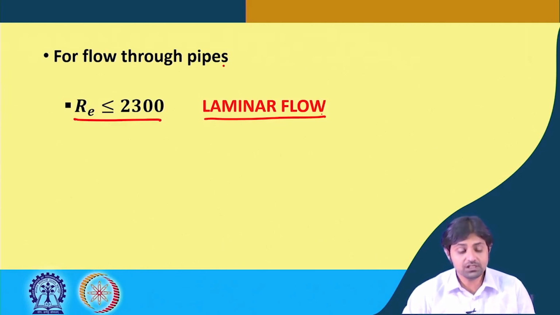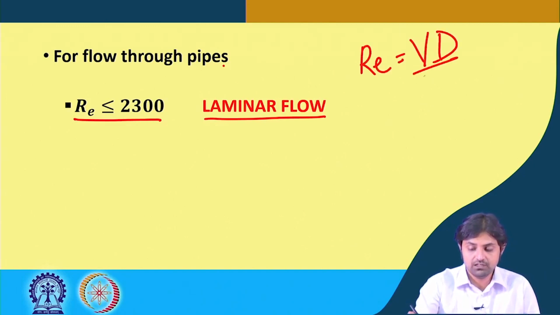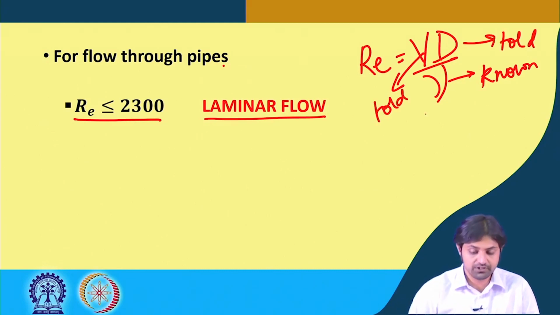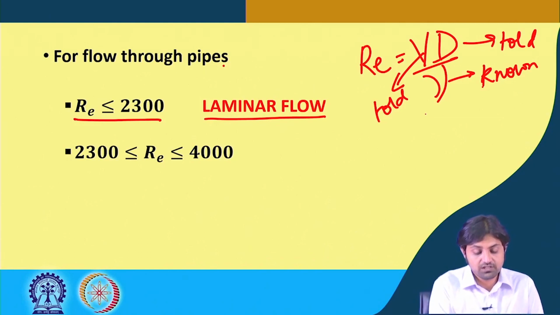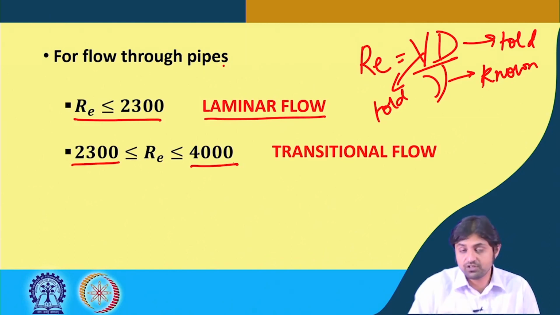What you can do is calculate Reynolds number as V D by nu. The velocity is known, the viscosity is told, and D is also told. So, you can calculate Reynolds number. For Reynolds number between 2300 and 4000, the flow is transitional.